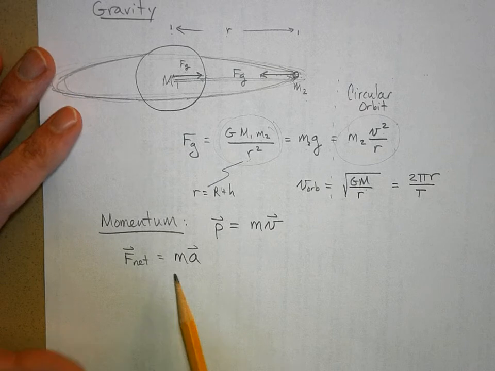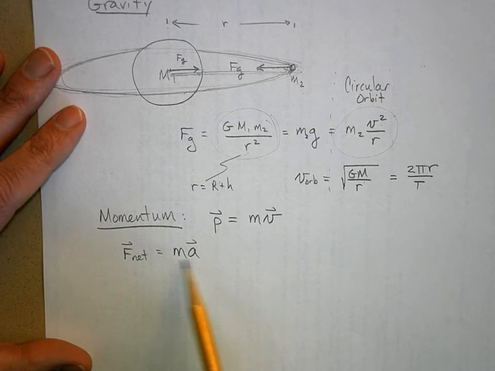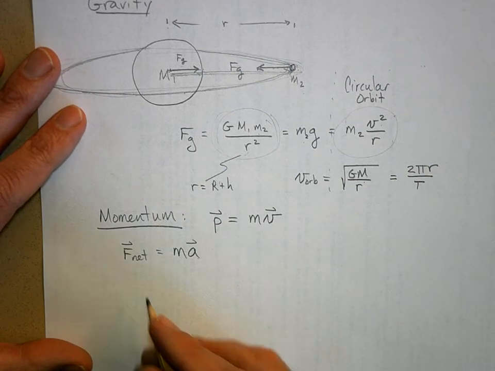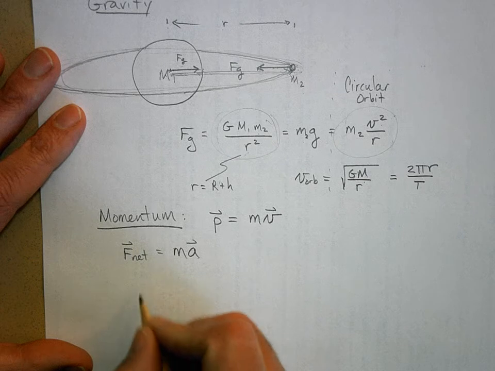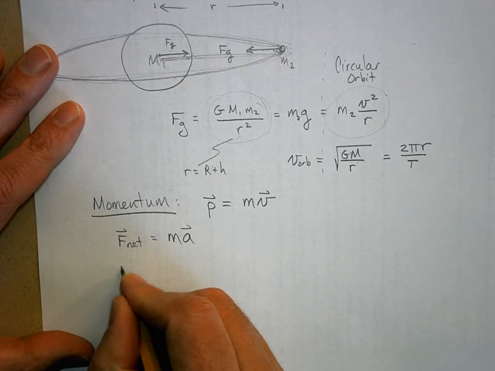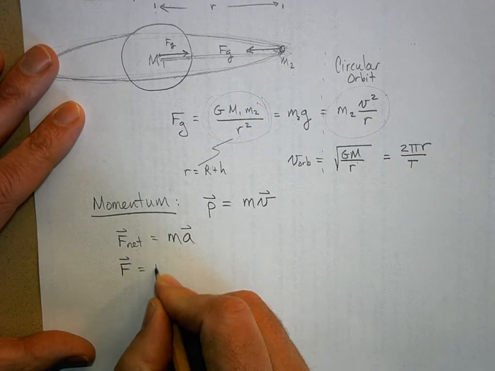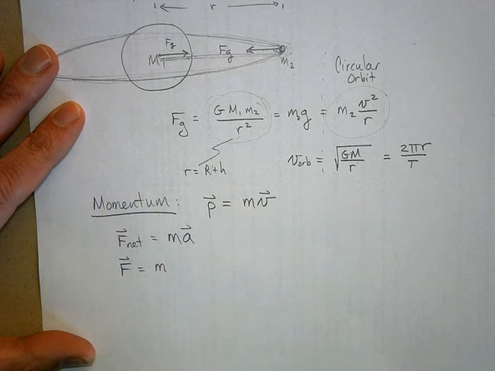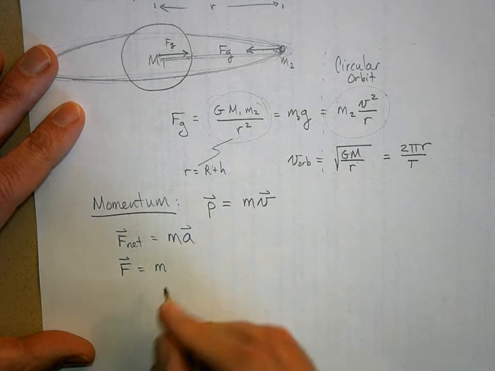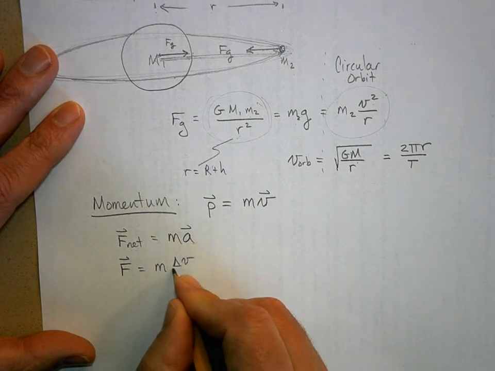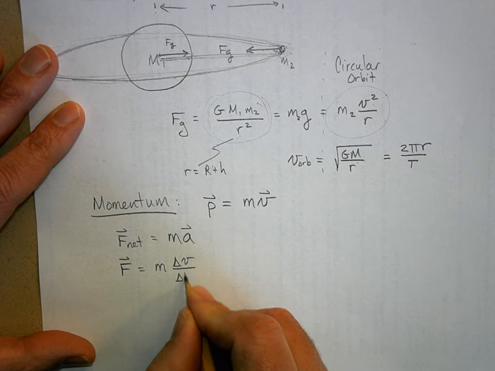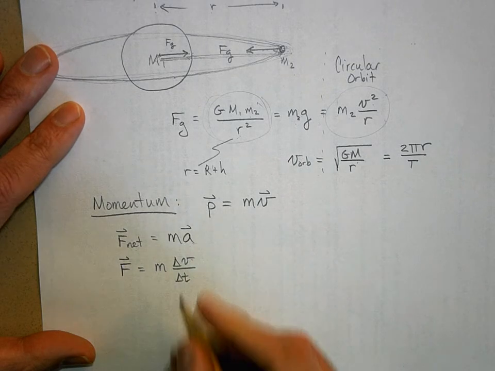So the force and acceleration are constant over time. And I'm going to drop the net, just assume that F here is the net force. So the net force is equal to mass times, well, what is acceleration equal to? It's the rate at which I change my velocity. Delta V over delta T, that's acceleration.